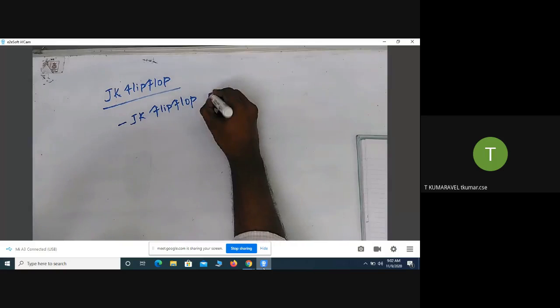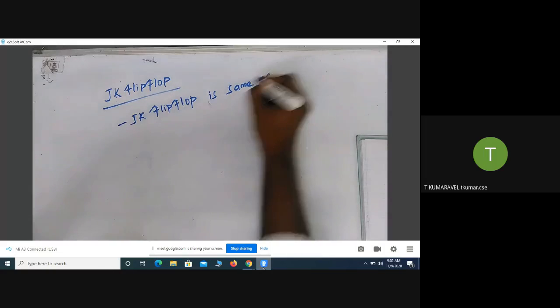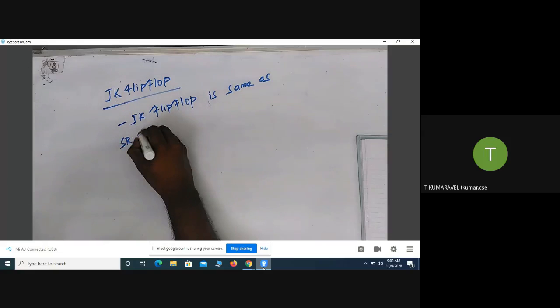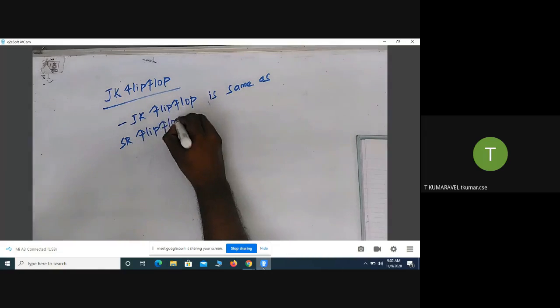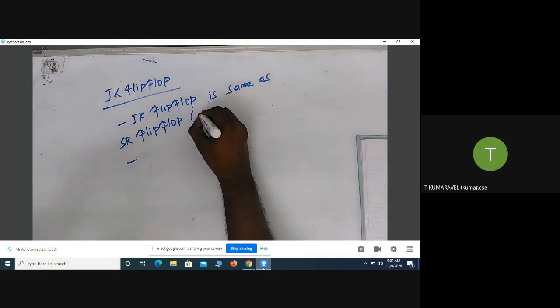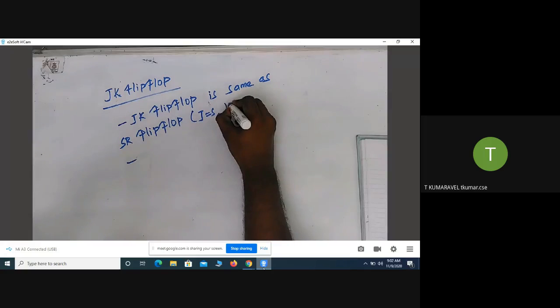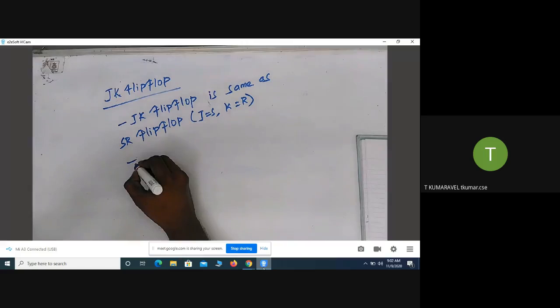The JK flip-flop is the same as the SR flip-flop. But how does it differ from the SR flip-flop? In the SR flip-flop, they are not defined.